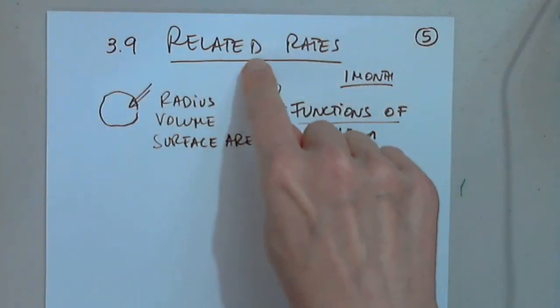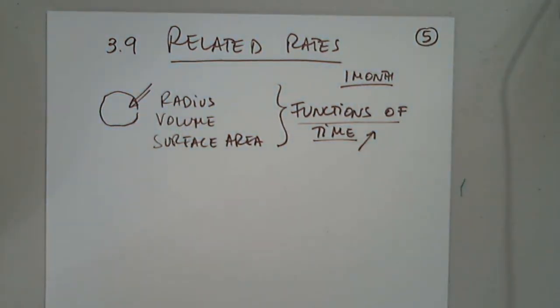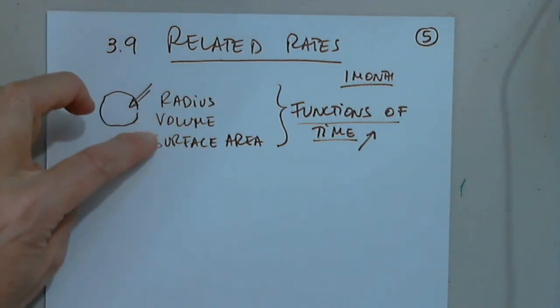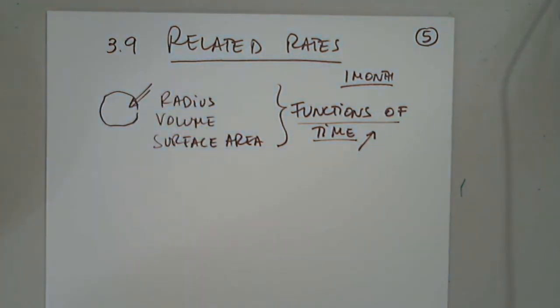That's what we mean by related rates. The magnitudes of the rates of change are somewhat related, and they will be related through an equation. Okay, so let's choose. If we don't have the equation, we cannot determine anything.